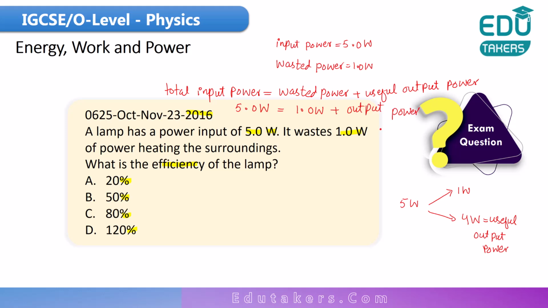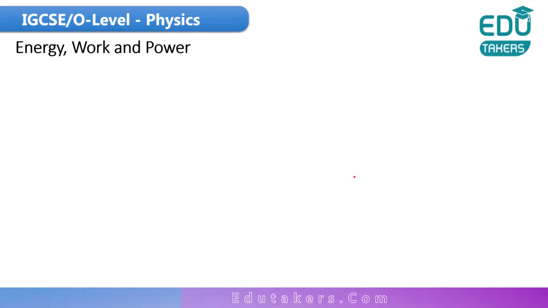Then from here you can easily calculate the output power. It would be equals to 5.0 minus 1.0, which is equals to 4.0 watt. This is basically the useful output power. After that, you have to use the formula of the efficiency. Let's see the answer and explanation.